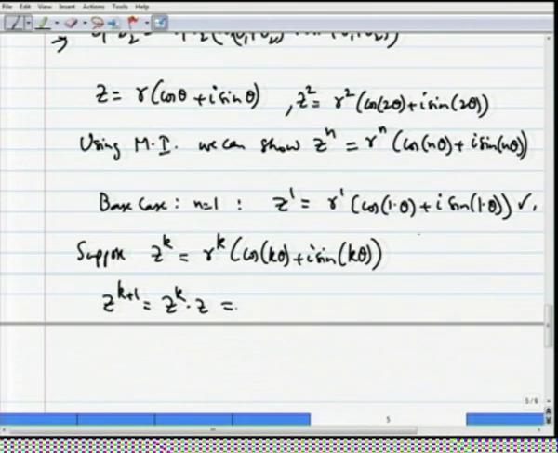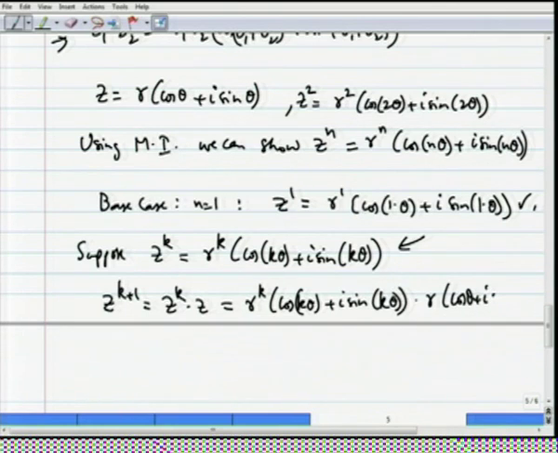And then by using this supposition, which is the induction hypothesis, I can say this is equal to r power k cosine k theta plus i sine k theta times z. z is once again r times cosine theta plus i sine theta.